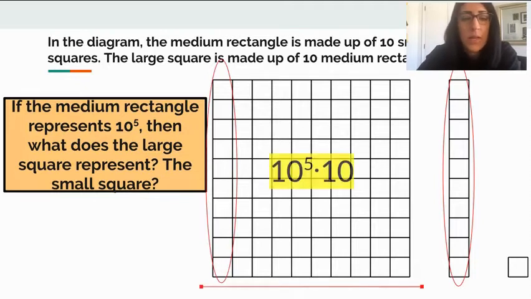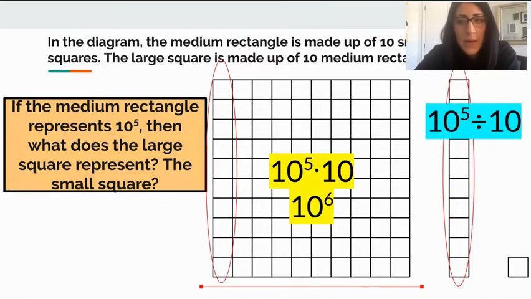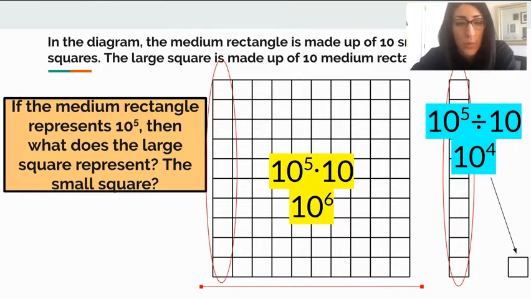So I'm going to write this as 10 to the 5th times 10, which is essentially 10 to the 6th. Now, if we go backwards from the medium rectangle, we're dividing by 10 because we're breaking it into 10 small squares. And we know the medium rectangle is 10 to the 5th. So we divide it into 10 parts. And so this time we're representing the small square as 10 to the 4th.